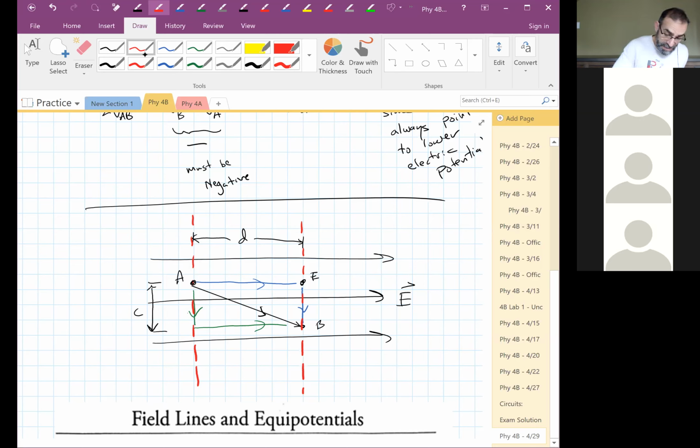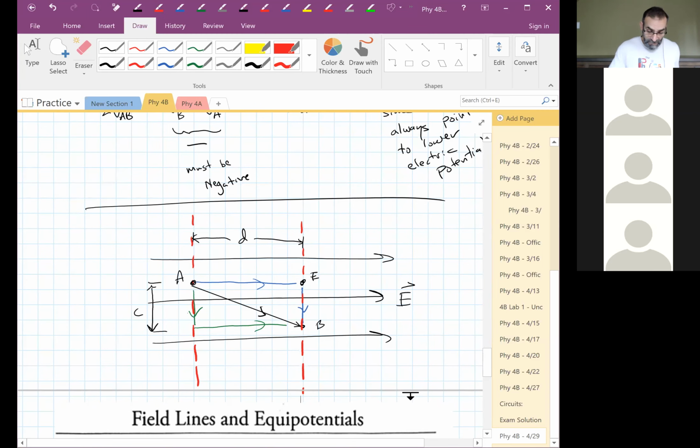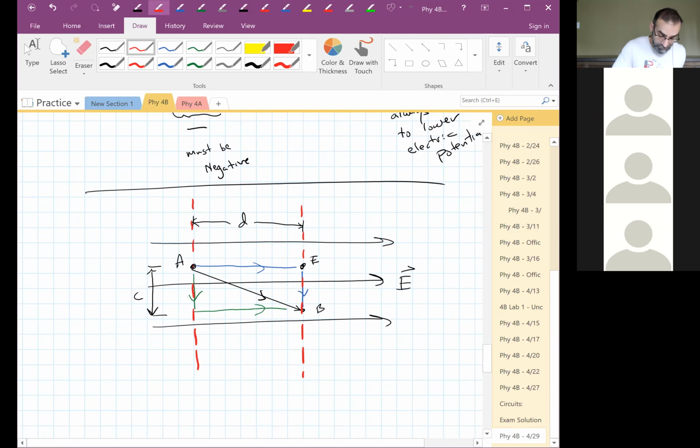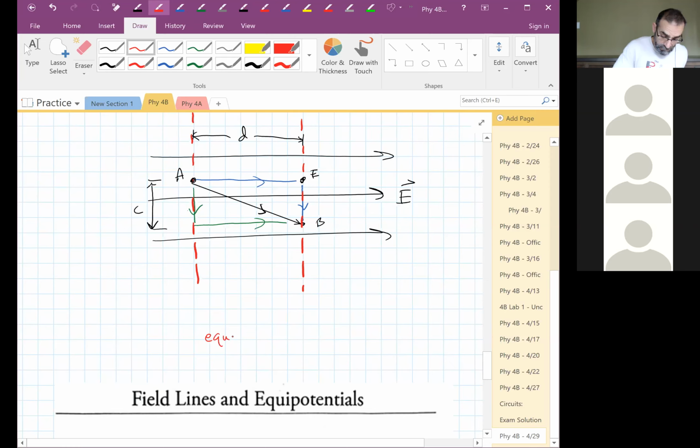So anywhere on that surface, the potential is the same.